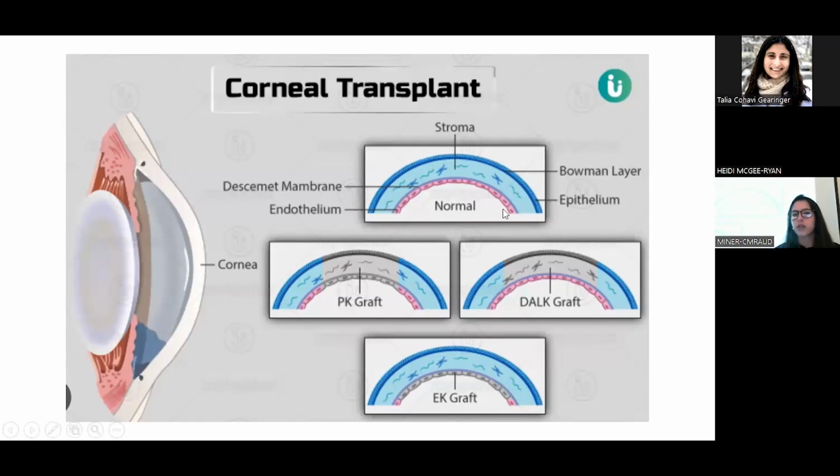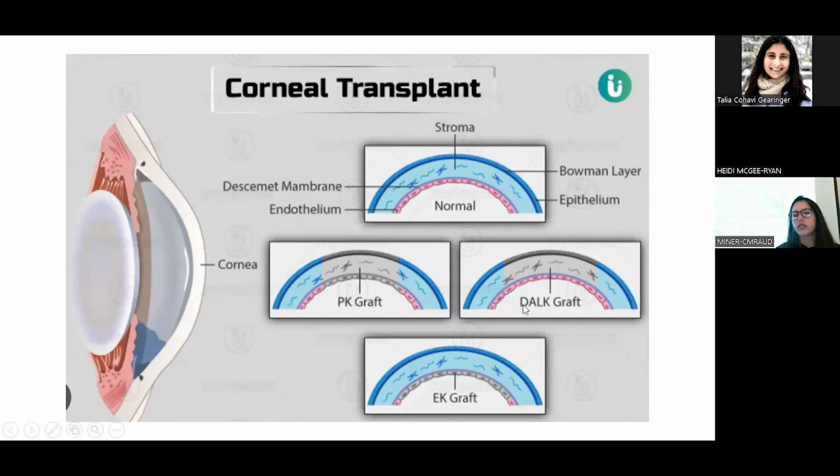So here we have a picture of the full cornea and all the layers of the cornea. If we move to the left, the gray shadow shows the layers that are transplanted in what we call the PK, or penetrating keratoplasty. So it's a full thickness. The full cornea is the one being transplanted.